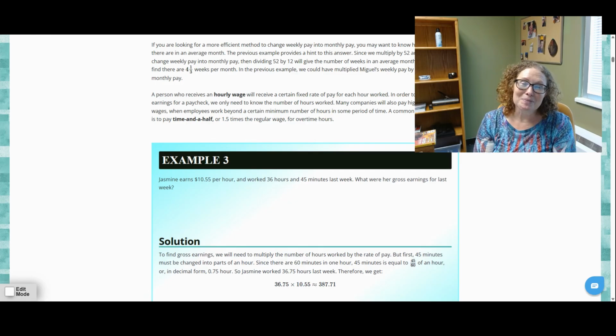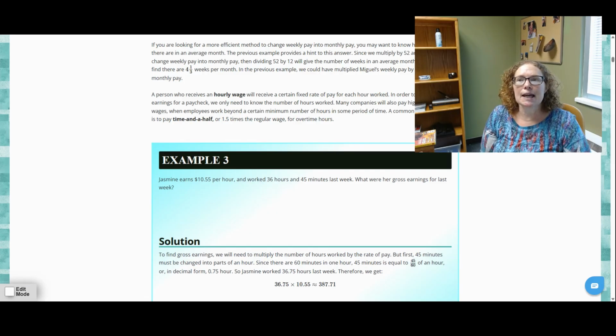But some companies have it different. Some companies have more than 8 hours in a day. So we're going to look at some examples of those as well. And companies have to at least do the time and a half with the overtime if their employees are non-exempt from FLSA, but they can make it even better.